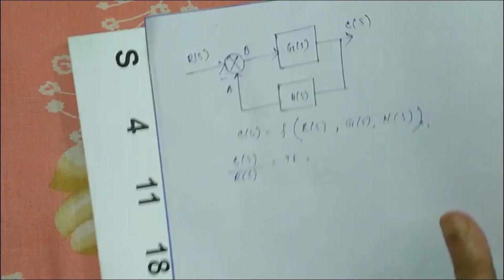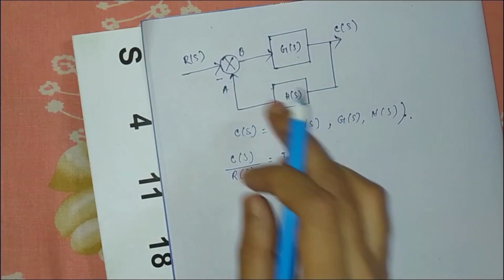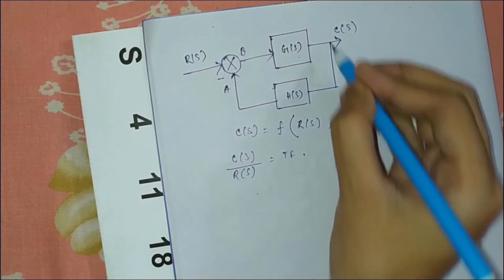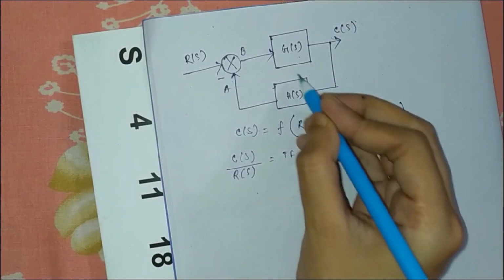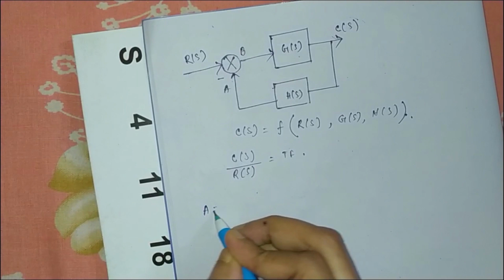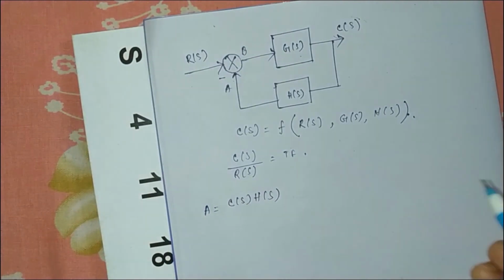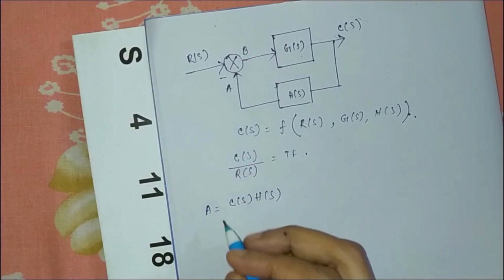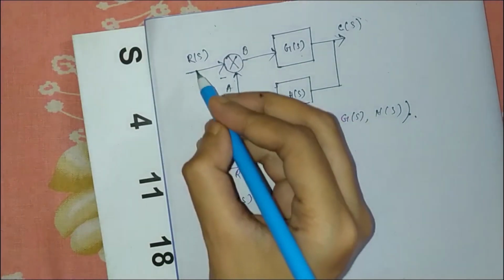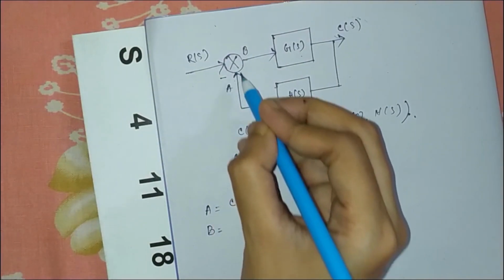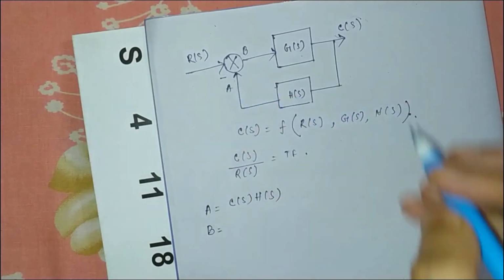Okay, so here A is what? A is C of S into H of S. What is my B? B is equal to R of S minus A, because here is a minus, negative feedback.